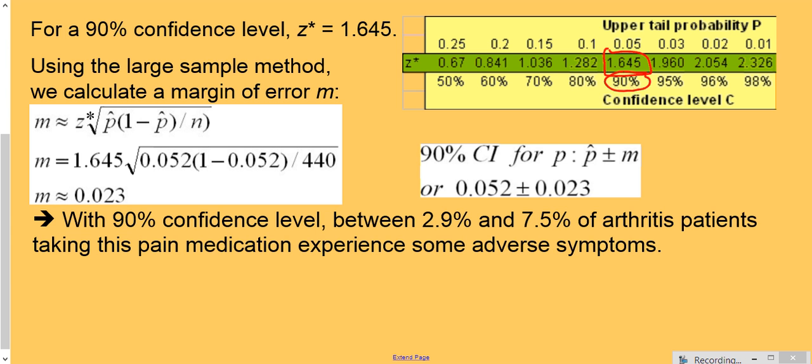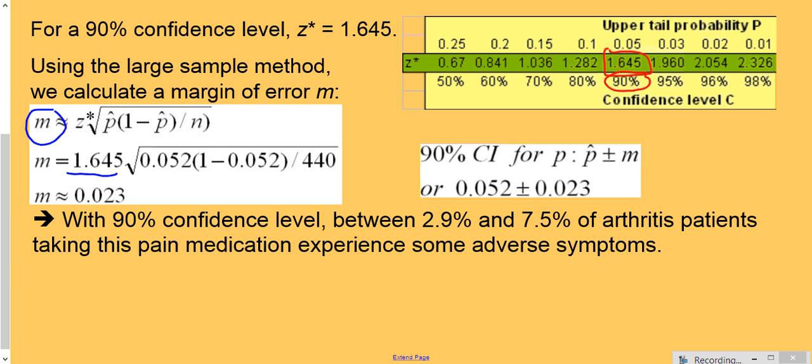We also deal with 95% confidence intervals, which use a different number as a Z star. And 99% also has a value, and we'll show that later. But we want 1.645.